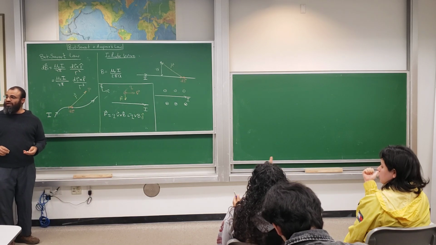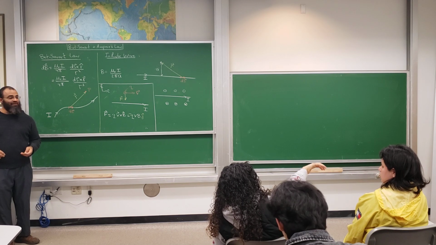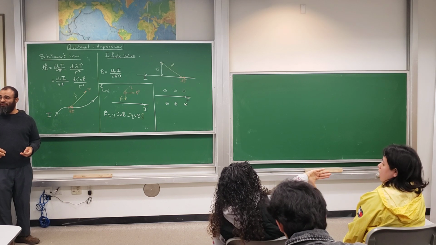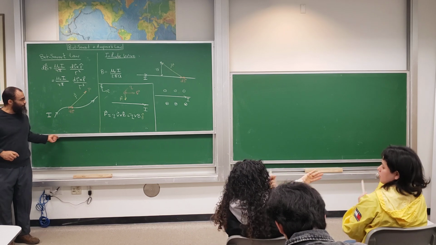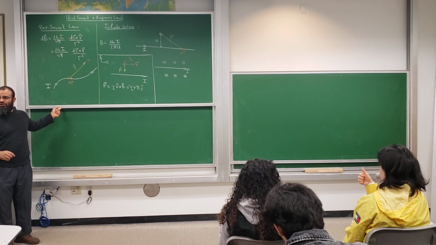So you're using your right hand for a couple things: cross products and determining the B field.